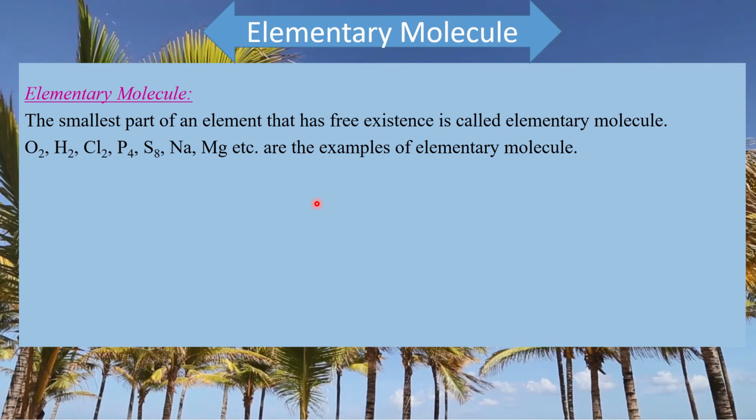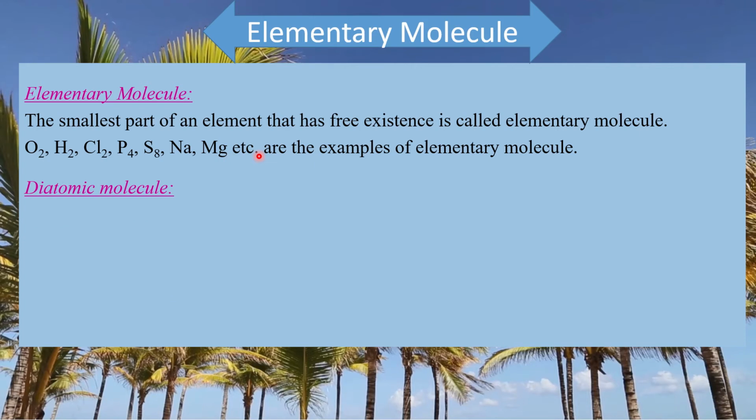Look, P4, in one molecule of phosphorus there are 4 phosphorus atoms. S8, in one molecule of sulfur there are 8 sulfur atoms. So these are also elementary molecules. Sodium and magnesium are monoatomic, so these are also elementary molecules.